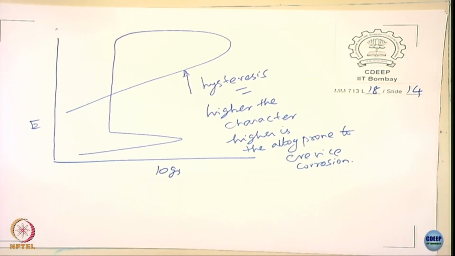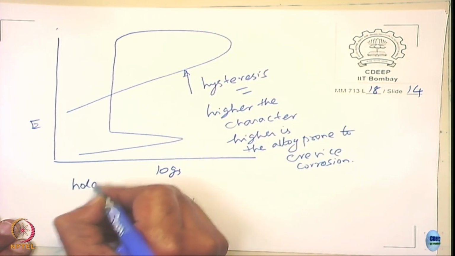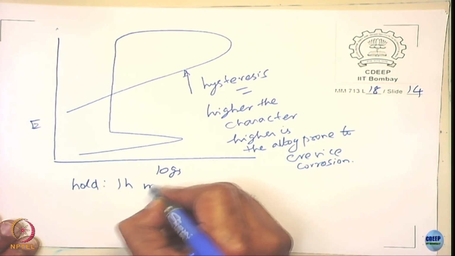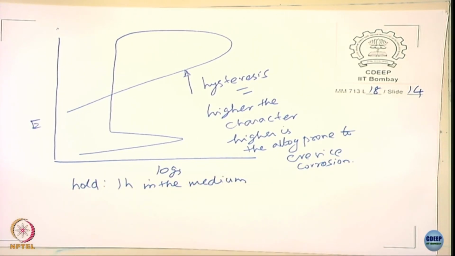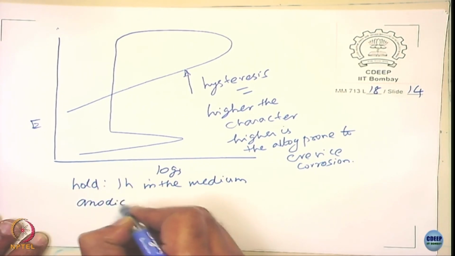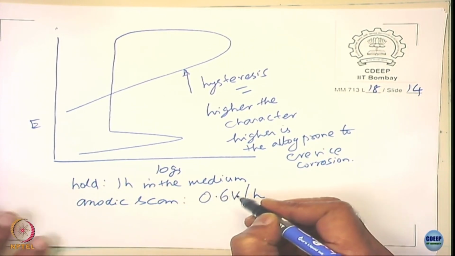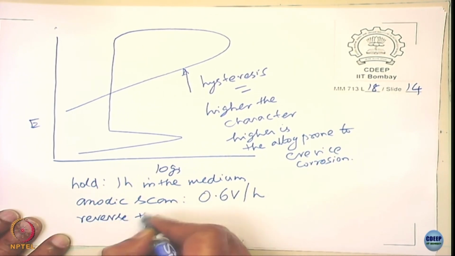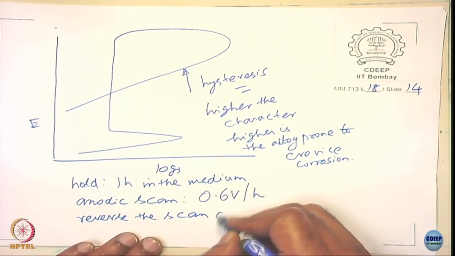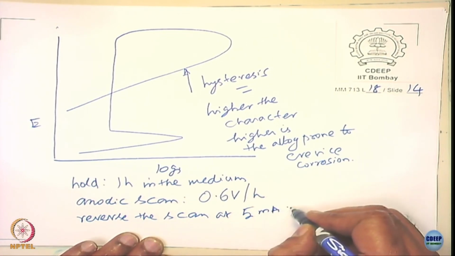What is done here is that before you do the scan, you hold the sample for about 1 hour in the medium, which will start establishing the crevice corrosion. Then you do the anodic scan at 0.6 volts per hour, and reverse the scan at 5 milliamperes of current.